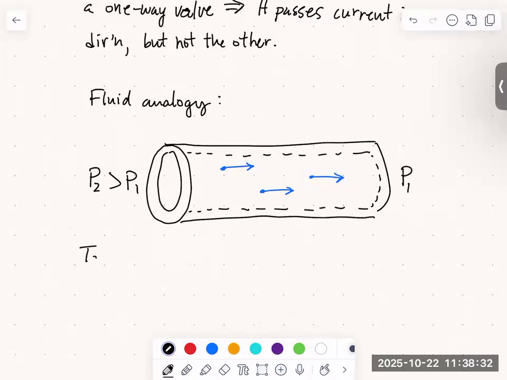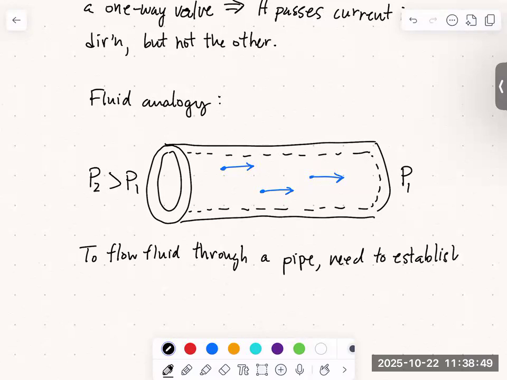So to flow fluid through a pipe, we need to establish a pressure difference across our pipe.